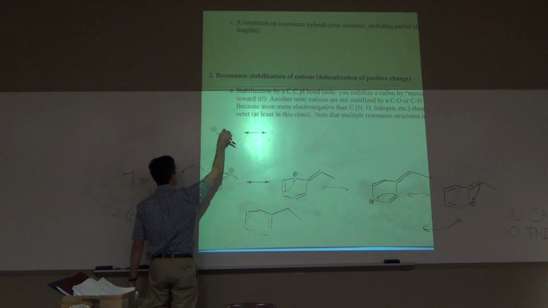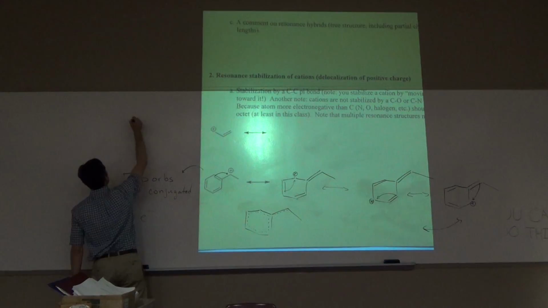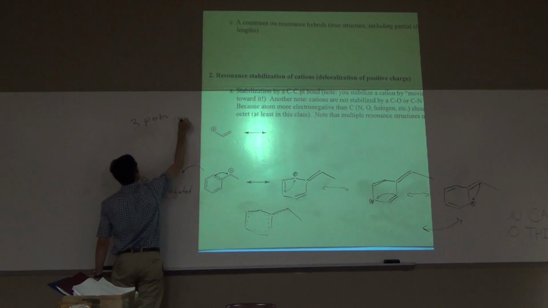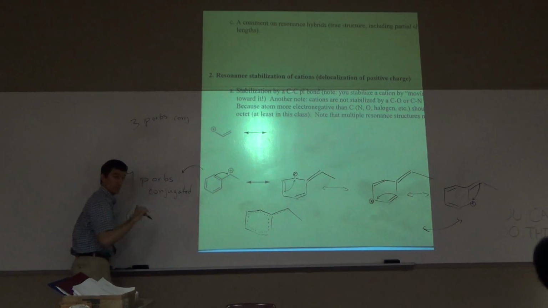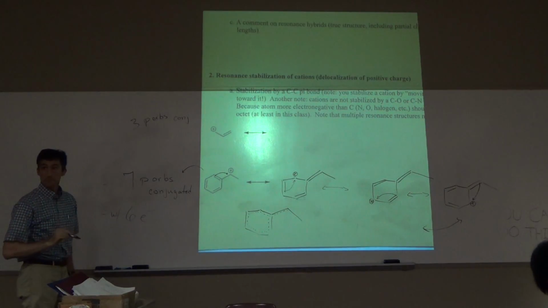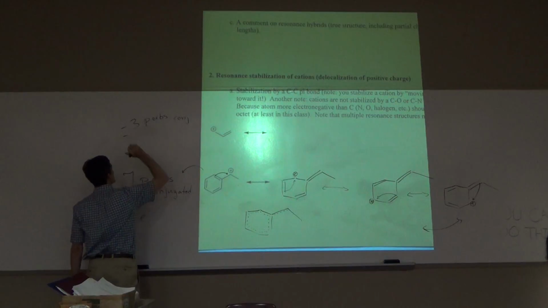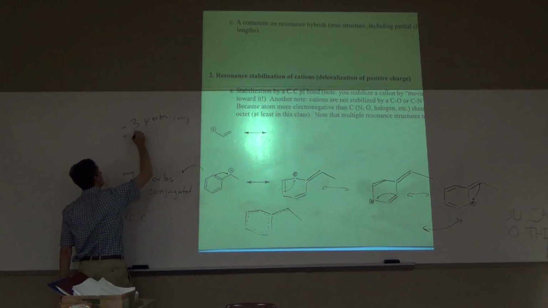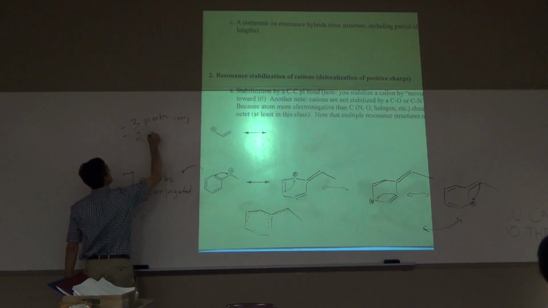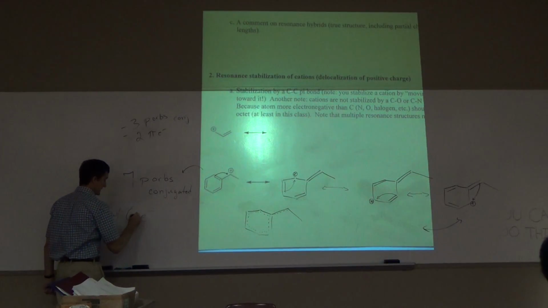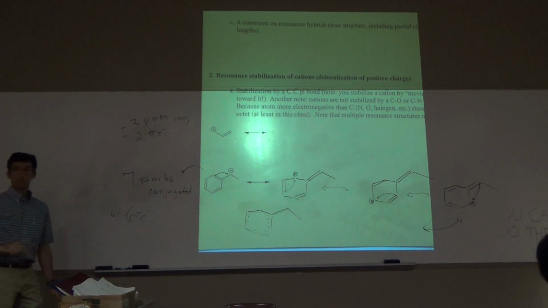How many p orbitals were conjugated? Right? We had them drawn. There were 3, right? Lined up like toy soldiers. How many electrons were in that pi system? 2 pi electrons. Okay. We could say 6 pi electrons. They're pi electrons.